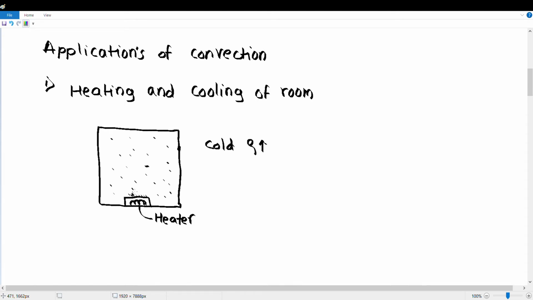Suppose this is molecule A. The temperature of this molecule is increased. When its temperature increases, its density decreases.